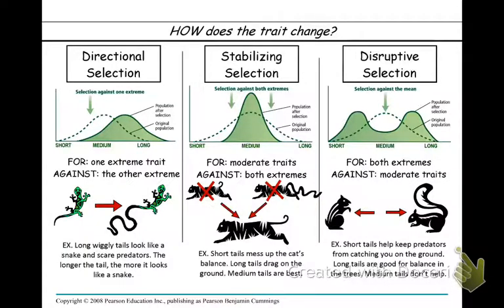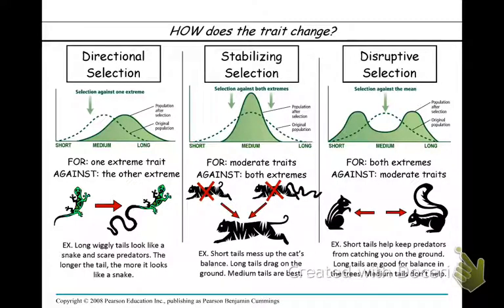So the longer the tail, the more it looks like a snake and the more it is able to survive in such a condition. And so this is a directional selection from having a short tail to a very long tail. On the other hand, a short tail can mess up a cat's balance. Long tails drag on the ground. So a medium tail seems to be the best for a cat for hunting and surviving.